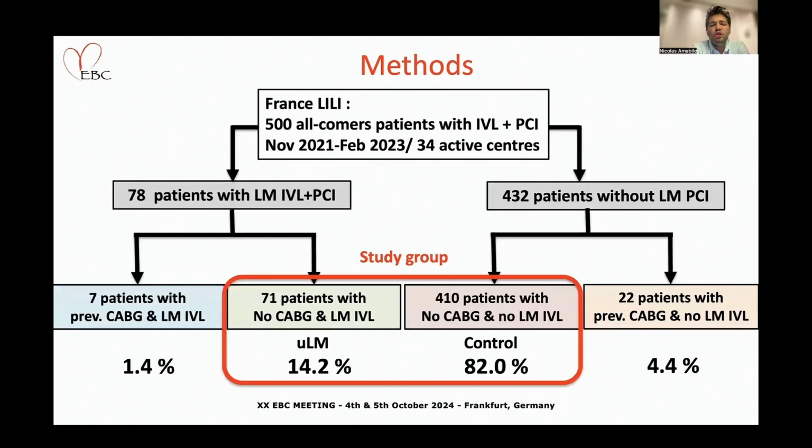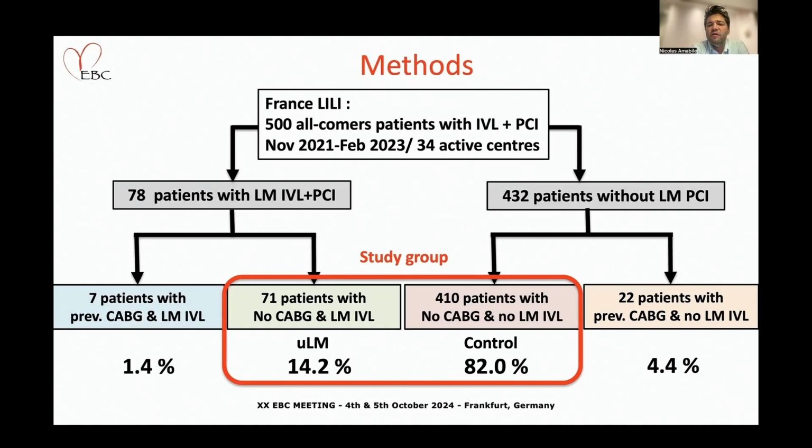This slide shows you the workflow of our study. The France-LILI patients were 500 all-comers patients with IVL and PCI from 34 active centers from France, who were included between November 2021 and February 2023. We identified 78 patients among this cohort with left main IVL and PCI. 7 of these patients got previous CABG, but 71 patients got no previous CABG and represented the unprotected left main group.